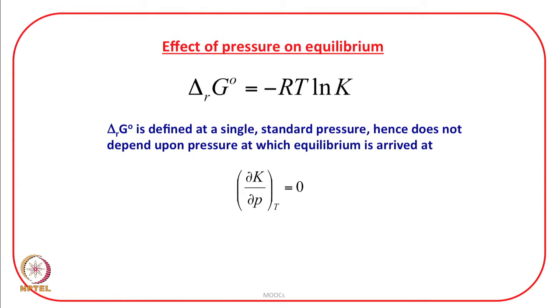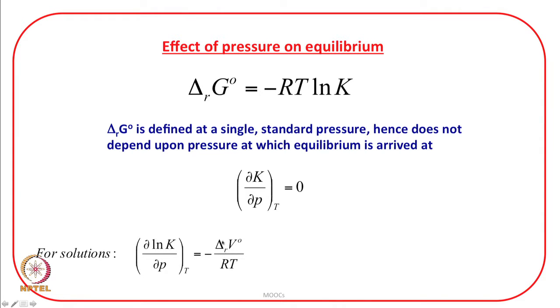But is it always true? For solutions, it can be shown that d log K by dP at constant T is minus delta R V naught by RT, where delta R V naught is the standard reaction volume, that means the change in standard volume of products and reactants at equilibrium.